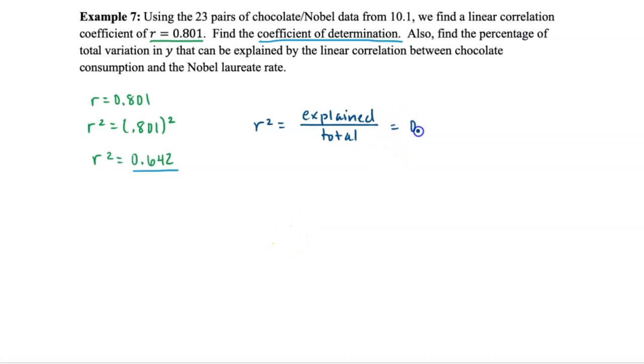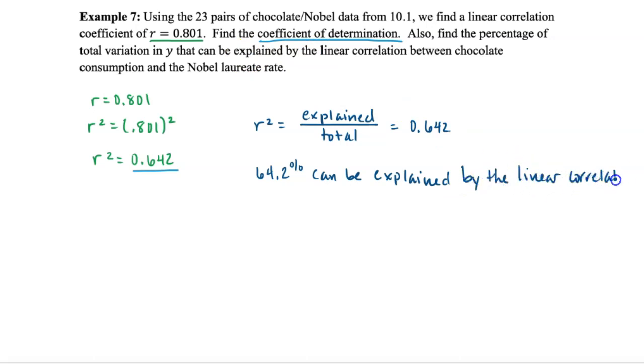If this is equal to 0.642, and so 64.2%, just converting this decimal into a percent, can be explained by the linear correlation between chocolate consumption and the Nobel laureate rate.